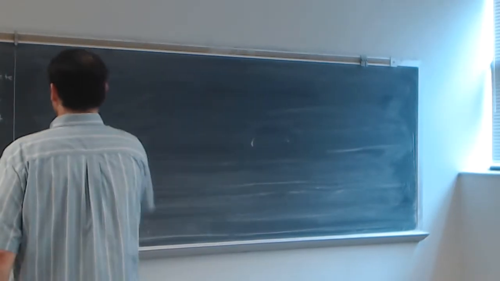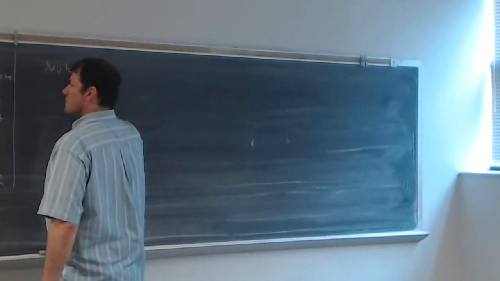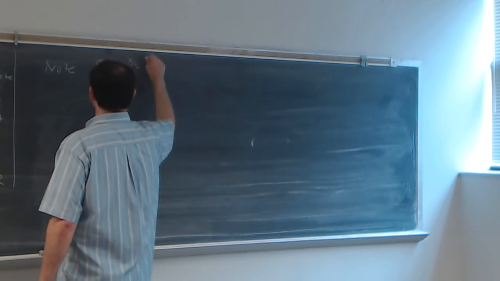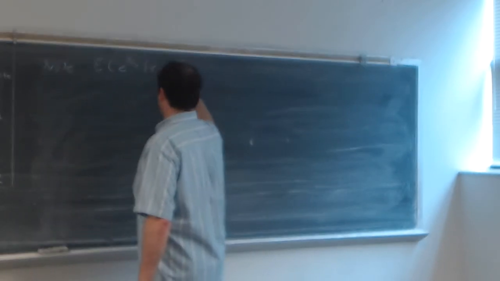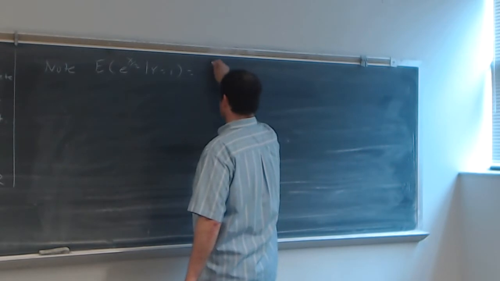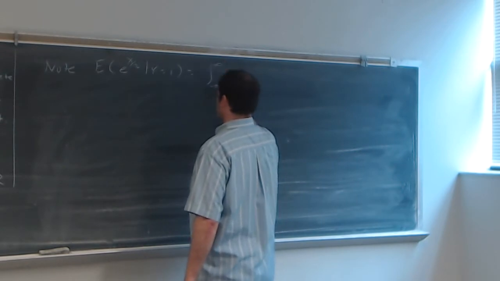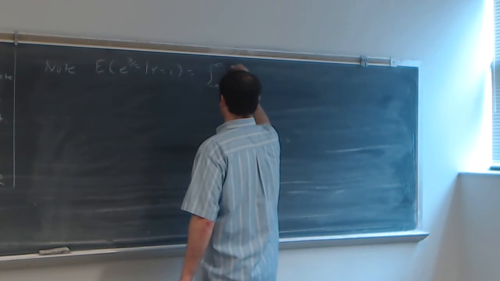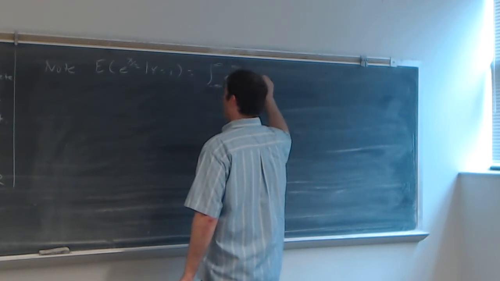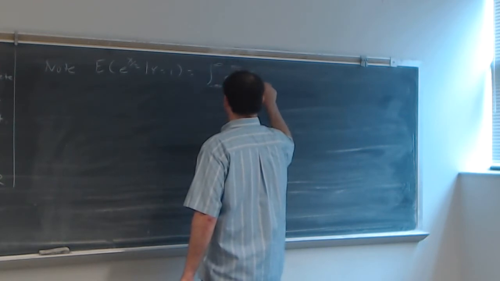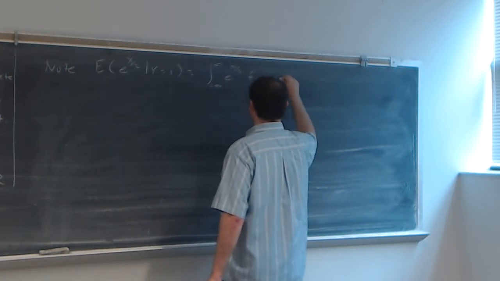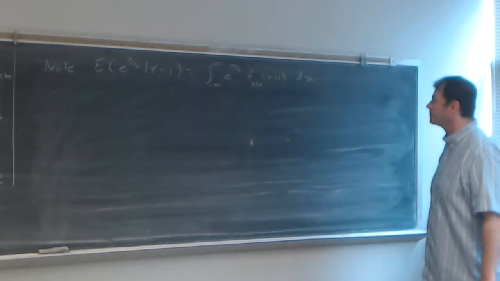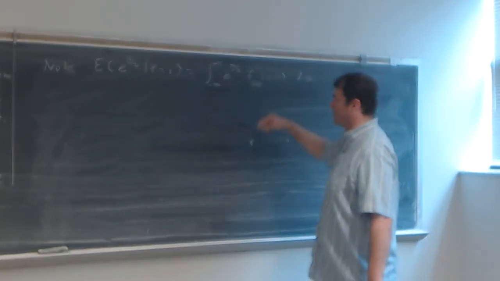So note the conditional expectation of e to the x over 2 given y equal to 1 is the integral from minus infinity to infinity of e to the x over 2 f of x given y of x given 1 dx. So I need to compute this.